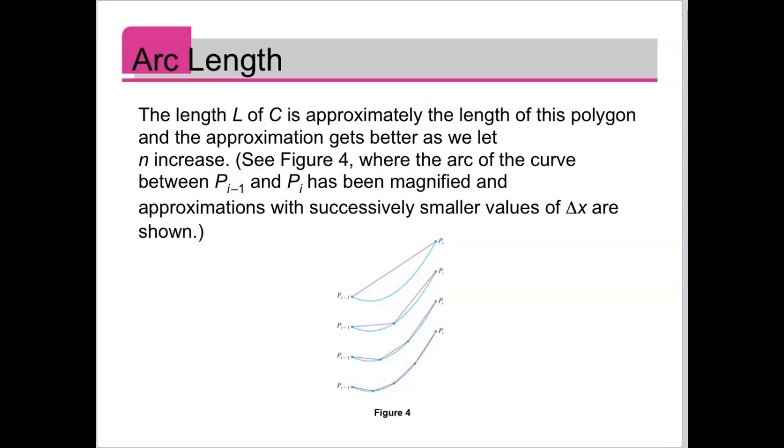All right, and so the general idea, as you can see, I can start out just by finding the linear distance between these 2 points, but as I create more and more subintervals, the sum of those linear distances will better approximate the length of the curve, right? As I use more and more subintervals, I get a better and better approximation of the curve itself, which is what I want.